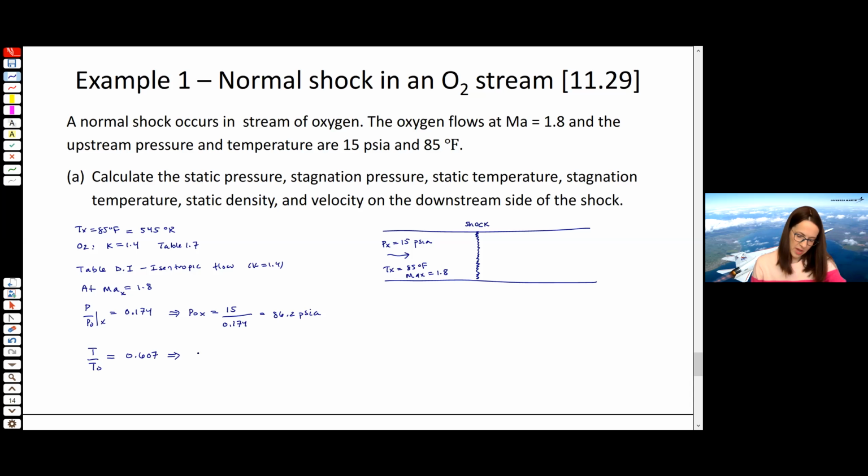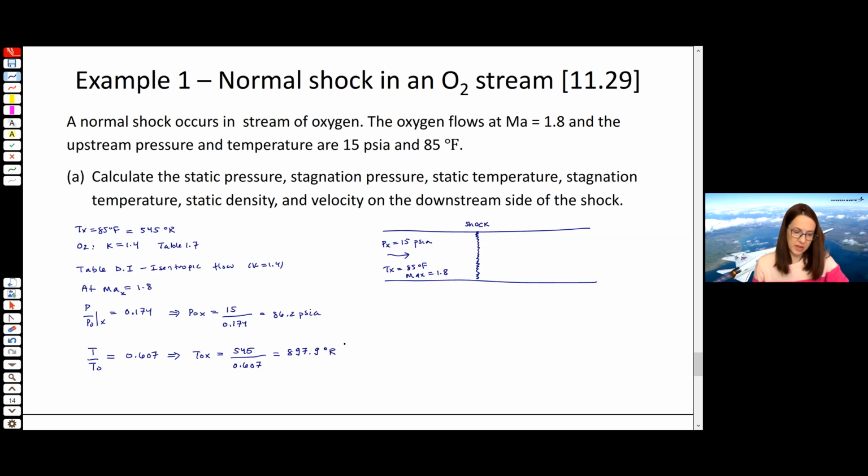So we can right away calculate our stagnation temperature upstream of the shock. It's 545 over 0.607, which gives us 897.9 degrees Rankine. Also not underlining that because that's not what they asked for.